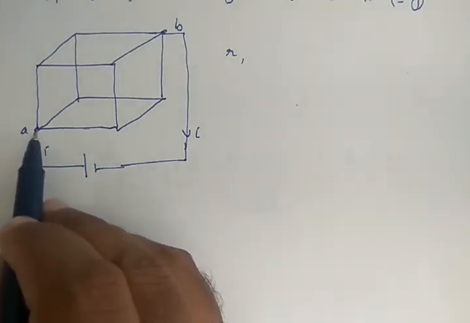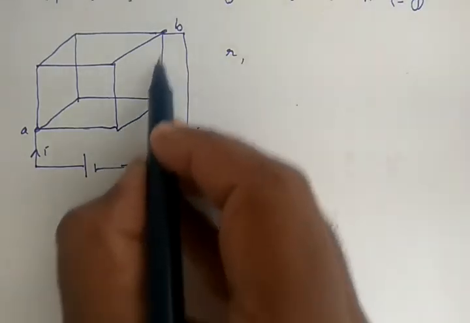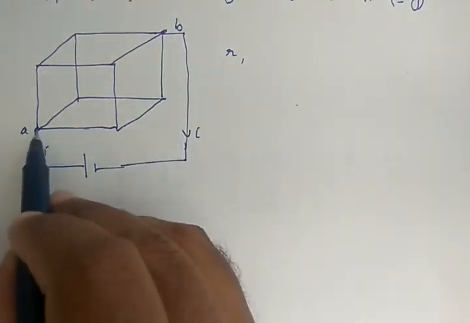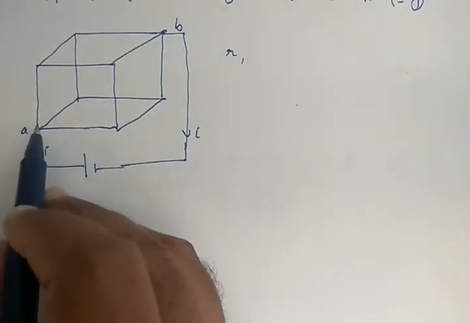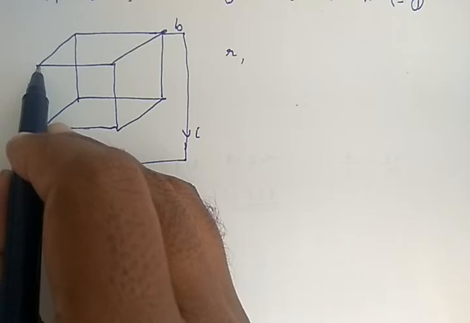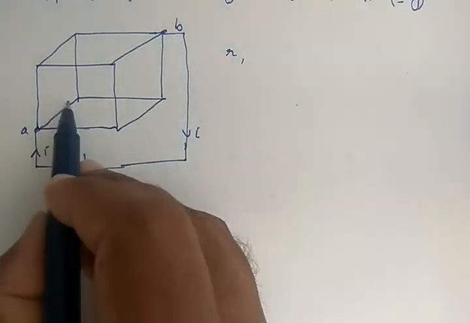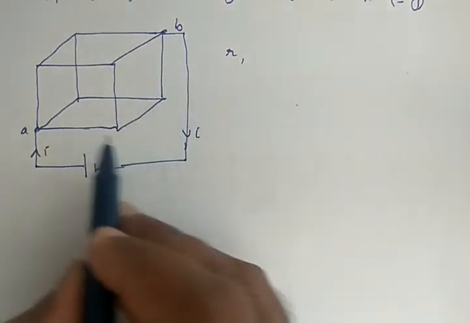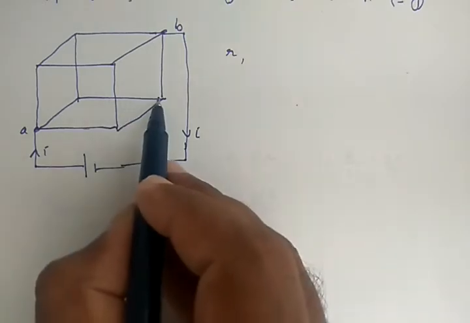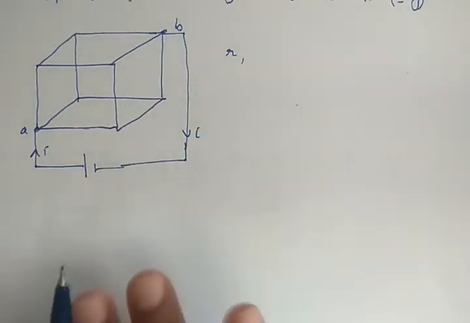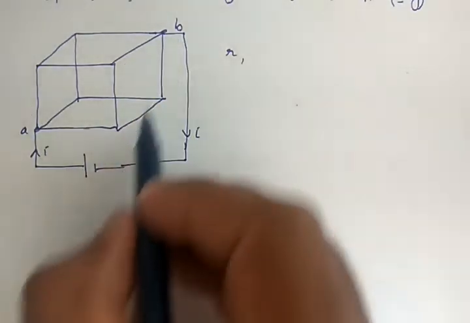If you take this line, there is 1 line, 2 lines and 3 lines going to the negative terminal, and likewise for any direction you take, the 3 lines are similar.